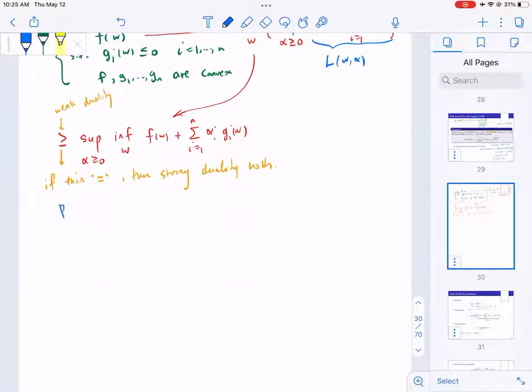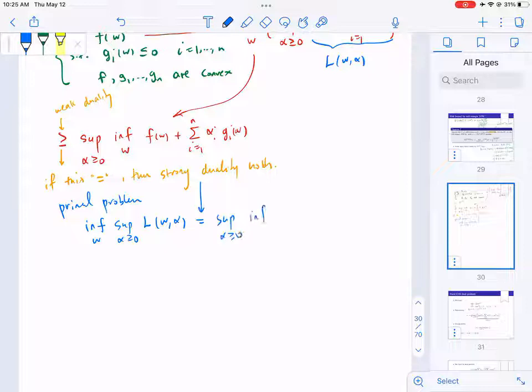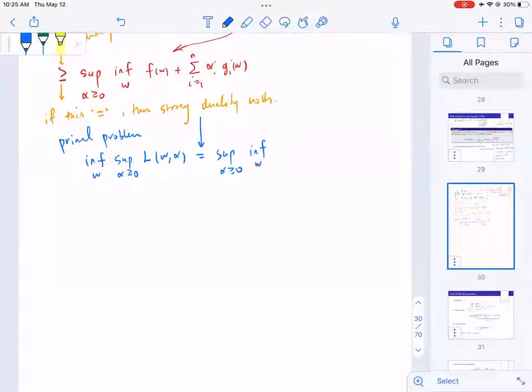So the primal problem, the original problem, is inf over w, sup over alpha bigger than or equal to 0, of L(w, alpha). Assuming strong duality holds, I have the sup over alpha, inf over w, of L(w, alpha). Okay, and this is an interesting equality. There are conditions for it.